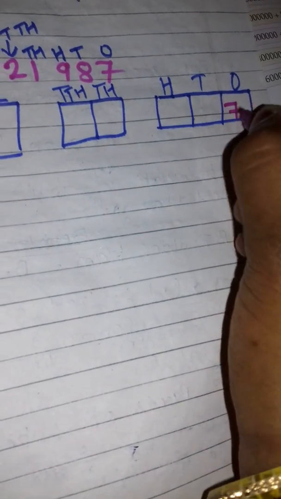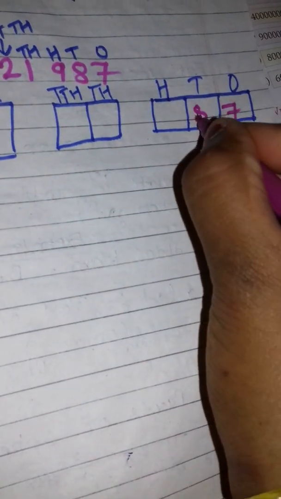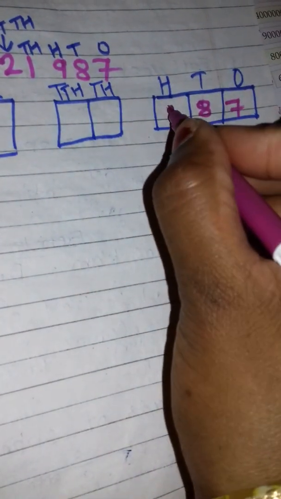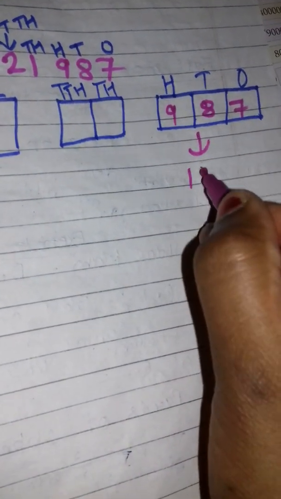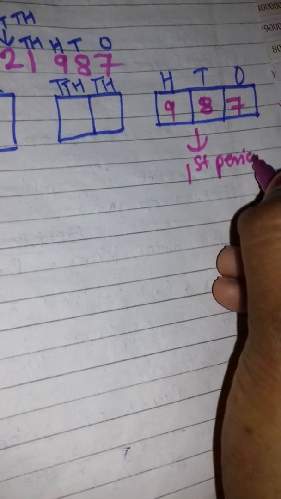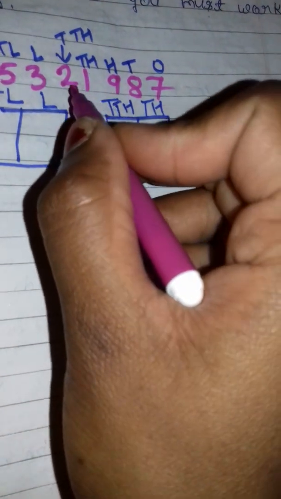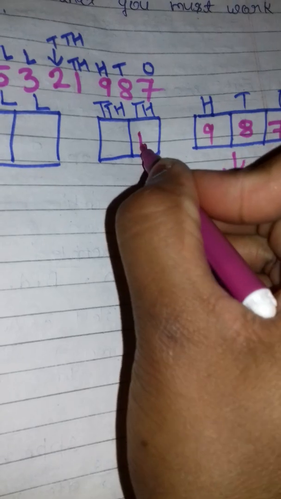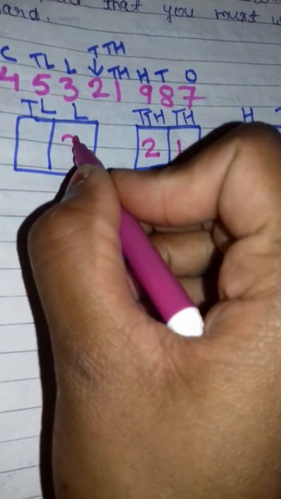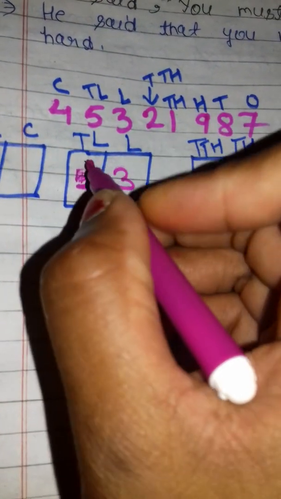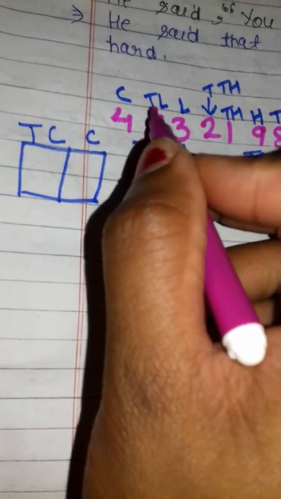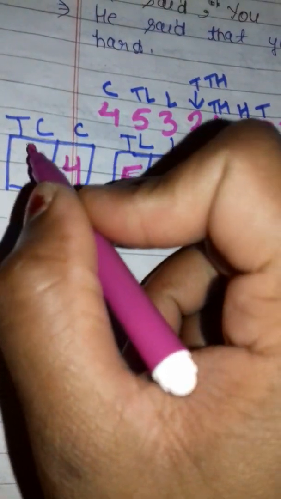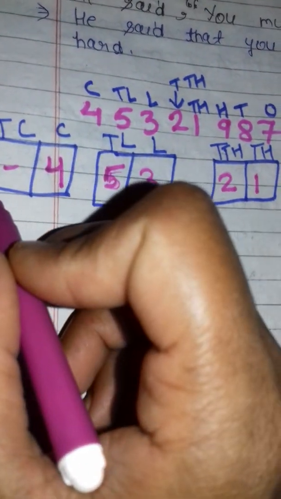Now we will put the values. At ones 7 is given, at tens 8 is given, at hundreds 9 is given, so that was the ones period. Then at 1000 1 is given, at 10,000 2 is given, then at lakh 3 is given, at 10 lakh 5 is given, and at crore 4 is given, and 10 crore is not here, so we will not write anything here.